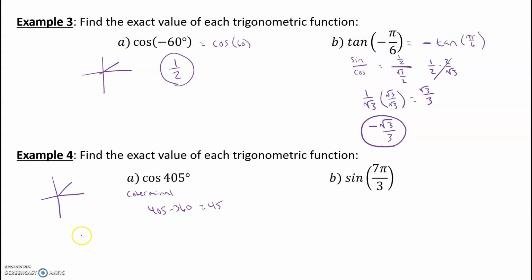So all we need is, we're in quadrant 1, we know everything's positive. So the cosine of 405 would be the same as the cosine of 45. Cosine of 45 is root 2 over 2. Again, we got that from our hand trick. Put down the middle finger. Cosine is up top. Root 2 over 2.